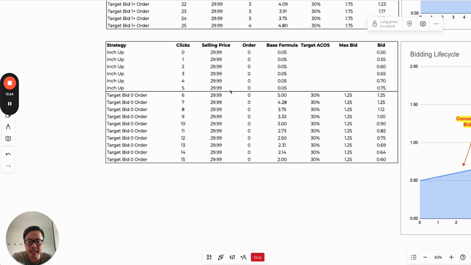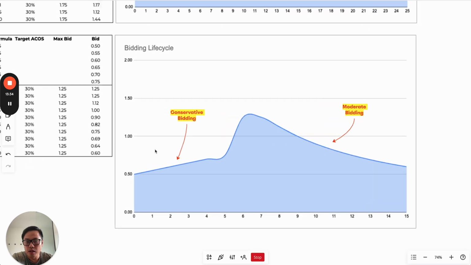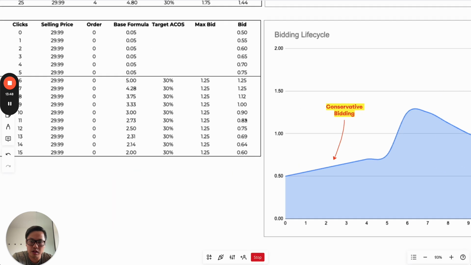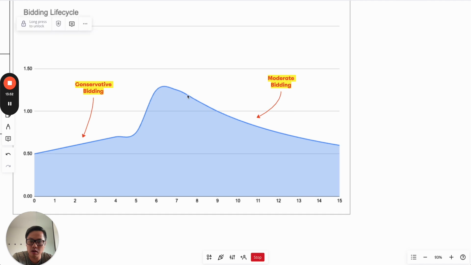And then here's an example of a negative bidding. So we have a bunch of inch ups, and then it never ended up making any orders, and it hit our click threshold of 15. So when this happens, we are conservatively bidding, and then all of a sudden we got enough traffic after 5, for instance. And then we went to moderate bidding, and after moderate bidding, it just didn't perform. We just got more clicks, did not get any more orders.